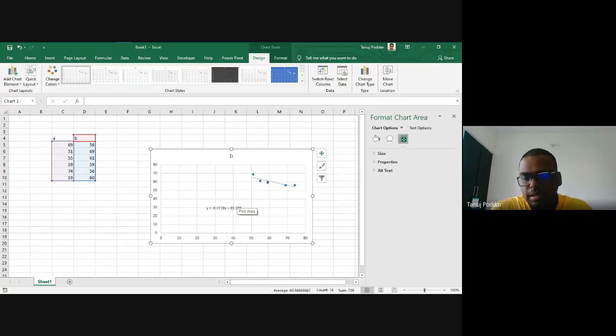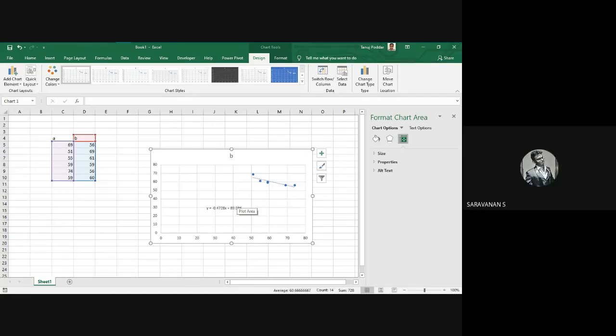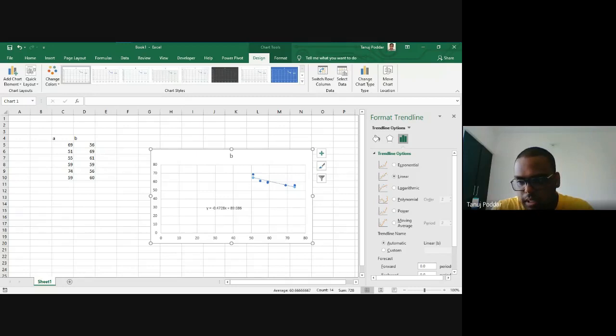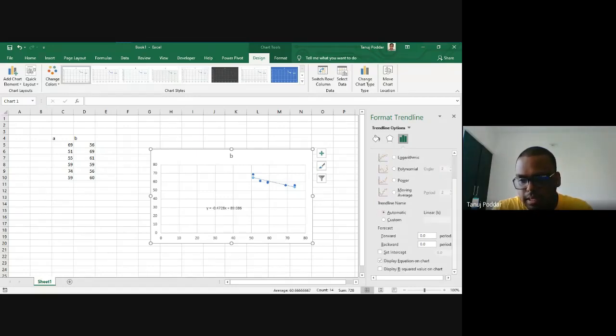Also, if the intercept is negative, it doesn't make sense because you cannot have a negative number of people, right? Got it, sir. So in such a scenario, having an intercept would not make much sense. So that is why we are just going with a trend which does not include any intercept.